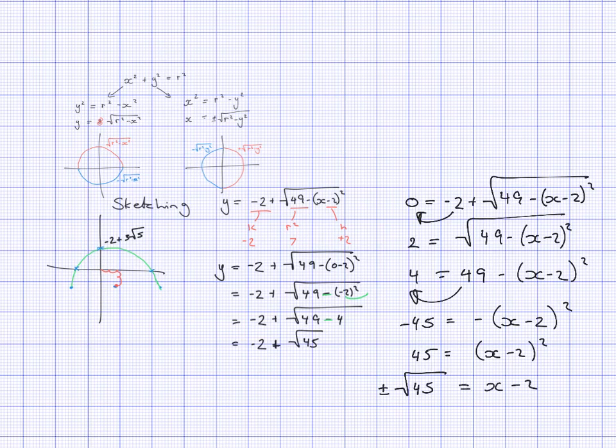And you can see that the plus or minus gives you two solutions, which we knew there had to be two x-intercepts from our sketch originally. Move the positive 2 across so it becomes 2 plus or minus root 45 equals x. So again, you can just label those. So this one out here is 2 plus 3 root 5, and this one out here is 2 minus 3 root 5.